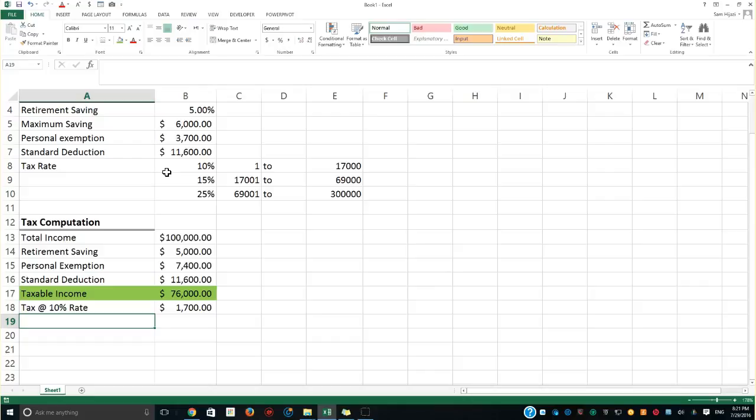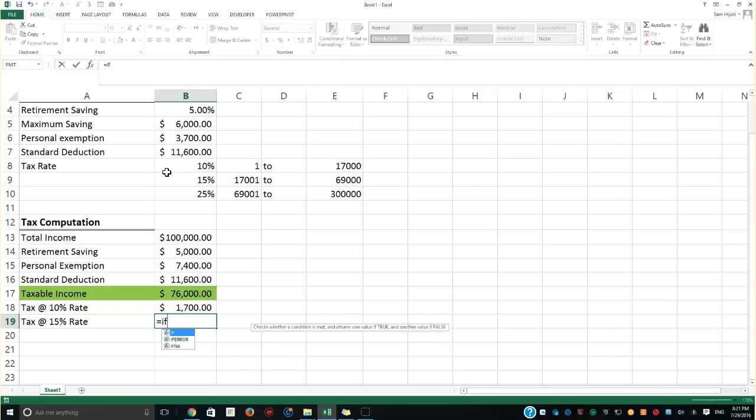Now we're going to be looking at the tax at the 15% rate. And what's going to be the equal sign, of course. But now we're going to see if this one here is greater than this one here. If that is the case, then we're going to tax part of that amount, as long as it's up to 69,000, at 15%.